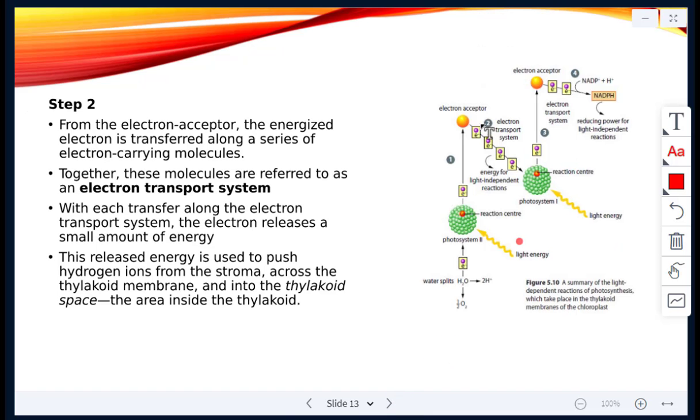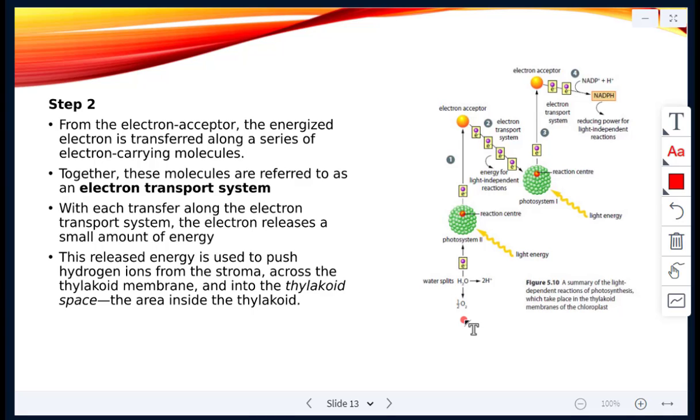All right, so step two, which is right here. From the electron acceptor, the energized electron gets transferred along a series of electron-carrying molecules. These molecules are called the electron transport system. So right here, this is the electron transport system.